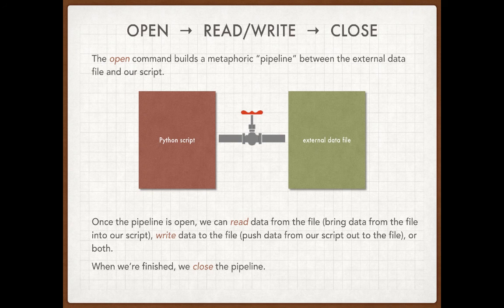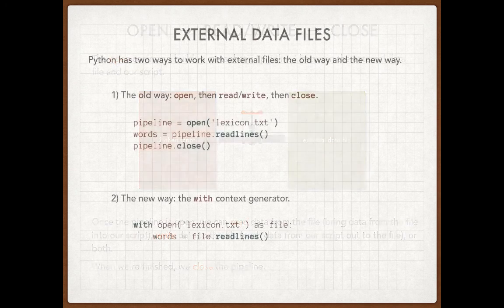It creates or adds to or even overwrites the data that was there to begin with. And then when we're done, we will close that pipeline. You could think about it as closing that little knob there, but even the pipeline might even just go away. Either metaphor is fine.